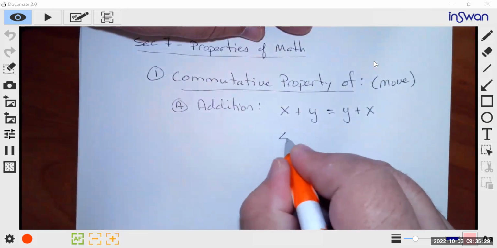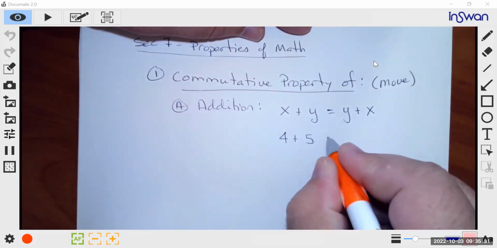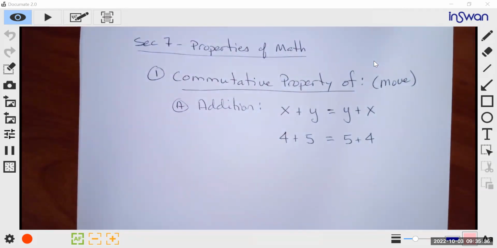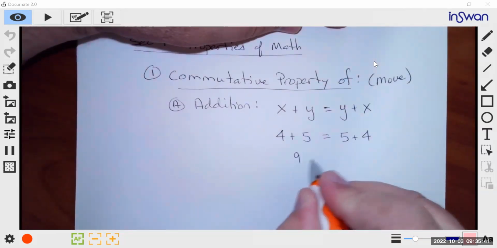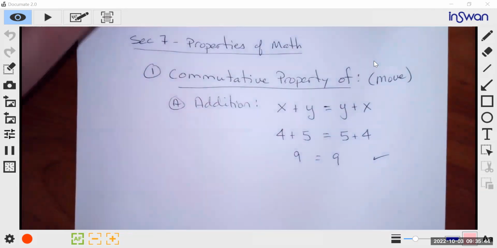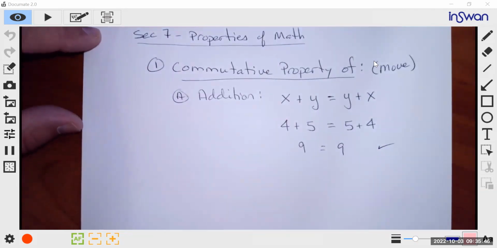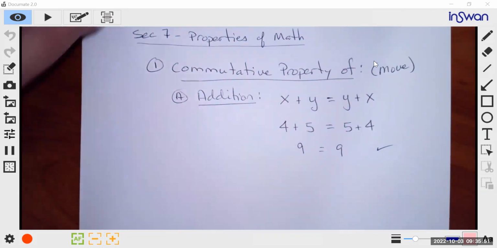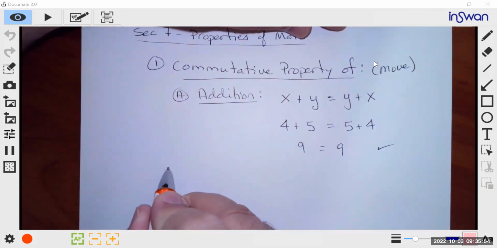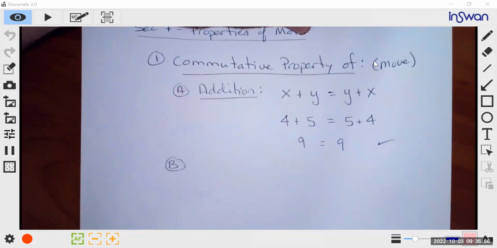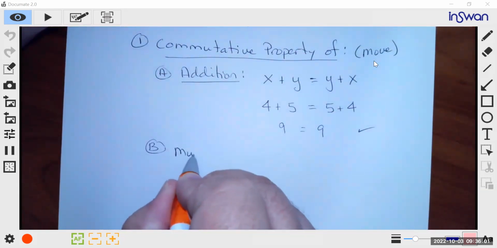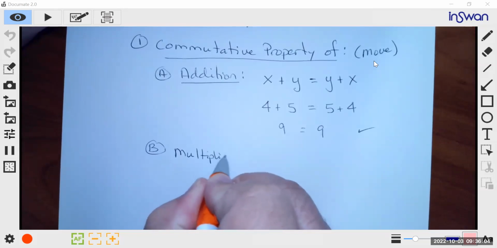For example, 4 plus 5 is the same thing as 5 plus 4. It doesn't matter the arrangement of the numbers. They're both going to give us 9. The second property is the commutative property of multiplication.